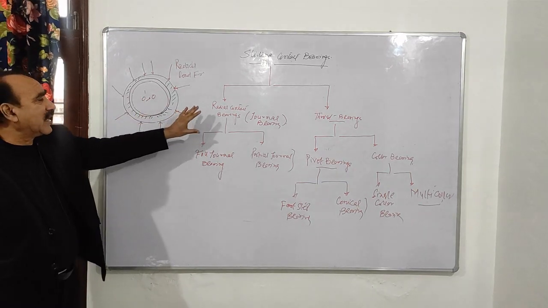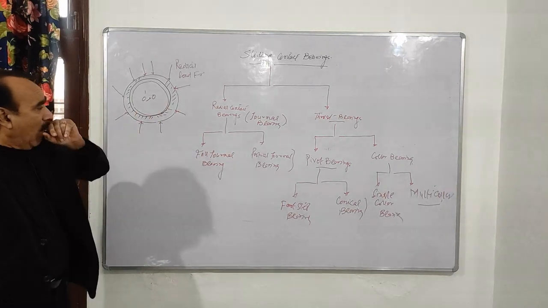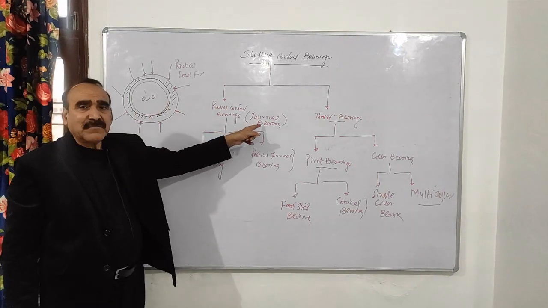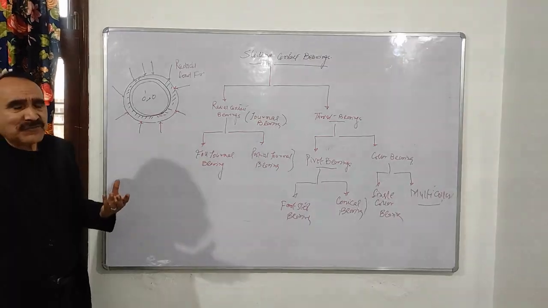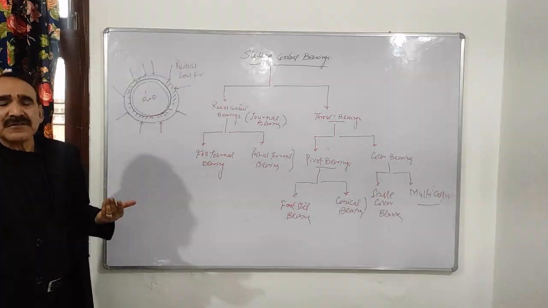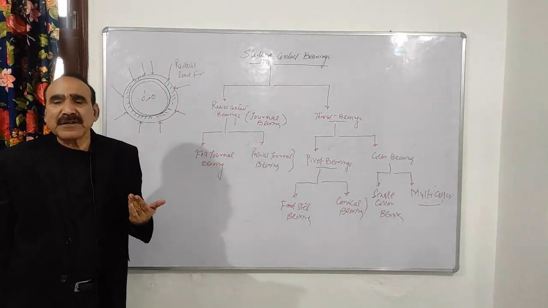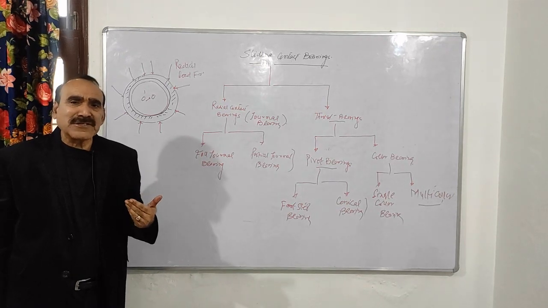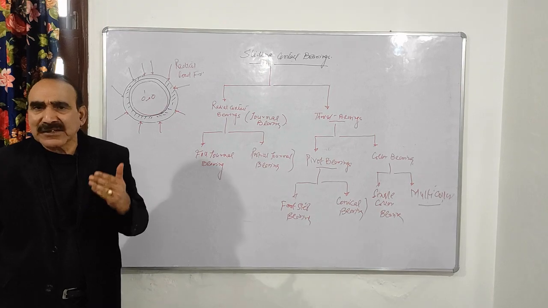So this is about your radial contact bearing. I think you have understood. Now journal bearing, मैंने आपको बताया what is journal. Journal is a part of the shaft which is inside the bearing, right? What type of motion is there? There is a sliding motion between the bearing and the shaft surfaces, and its motion is along the circumference or the arc of the circle there.